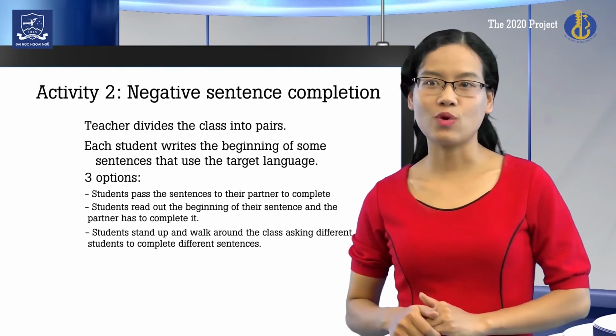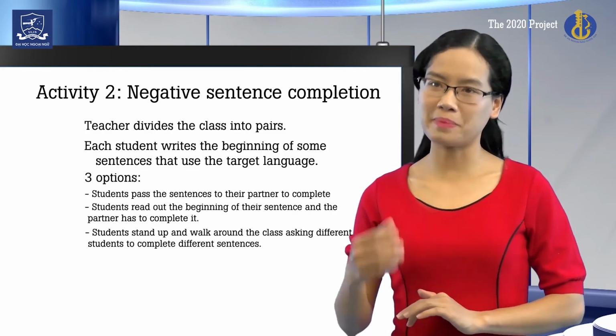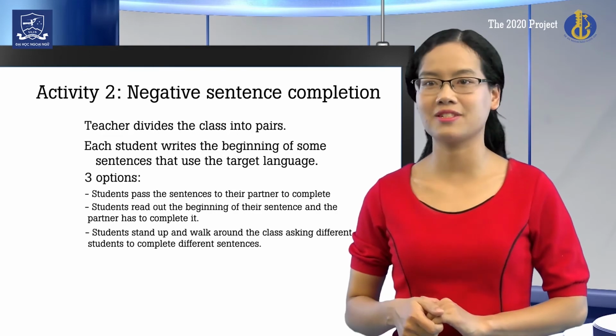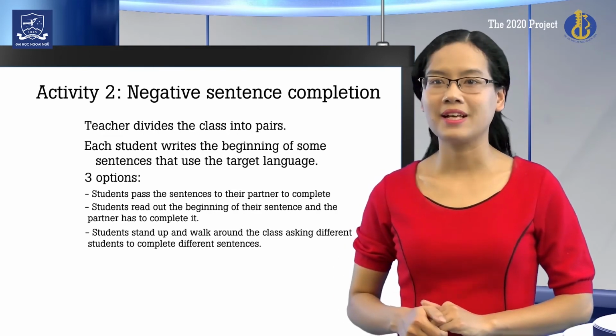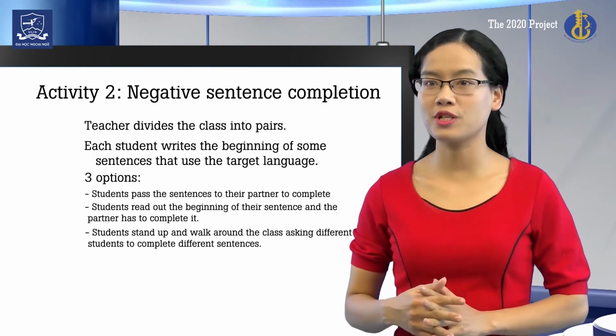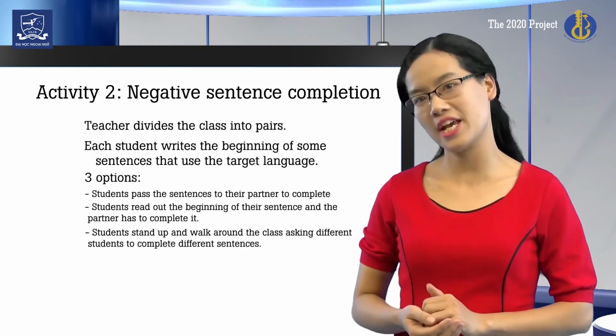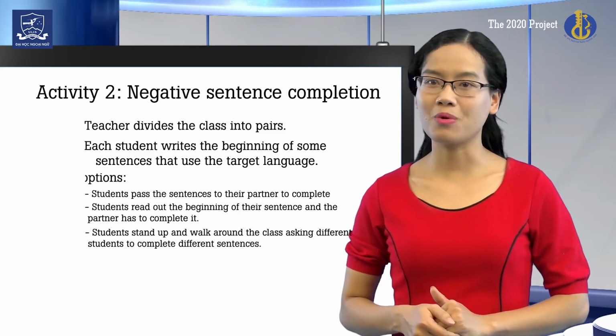This activity also contains a lot of repetition in the target language. It helps students acquire language easier. They also have chances to use the language in a meaningful way, which is to talk about their own lives.